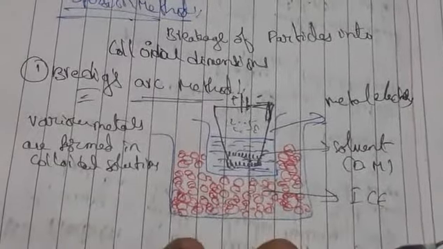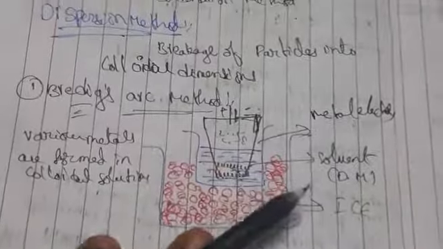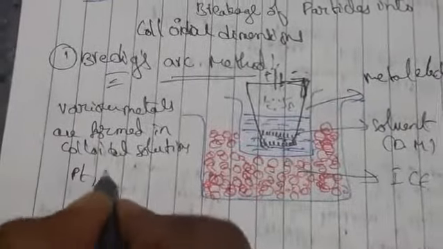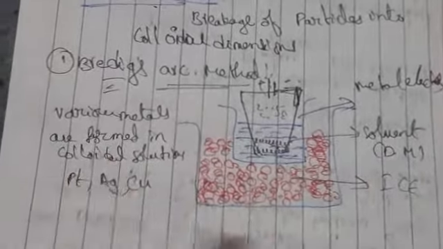The solution is then filtered to remove bigger particles. The metals we take here are platinum, gold, silver and copper, and these are converted into colloidal solutions.